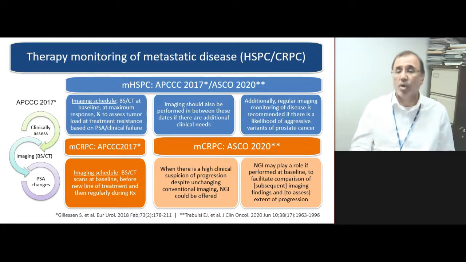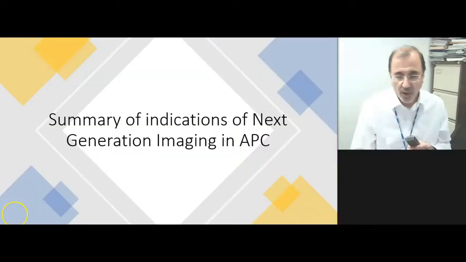However, for castration-resistant prostate cancer, when there is a high clinical suspicion of progression, despite negative or unchanging conventional imaging, you can use next-generation imaging to find out what is going on. And next-generation imaging can play a role if you've already performed it at baseline for subsequent comparisons to assess the onset of progression. Okay, let's sum up the indications for next-generation imaging in advanced prostate cancer.